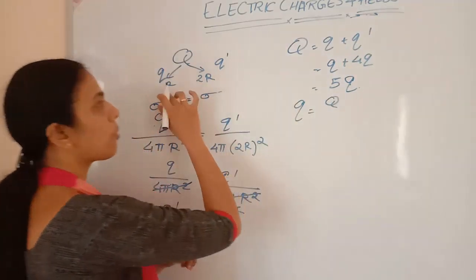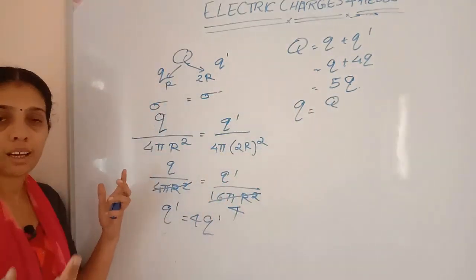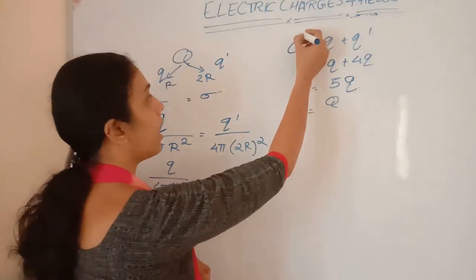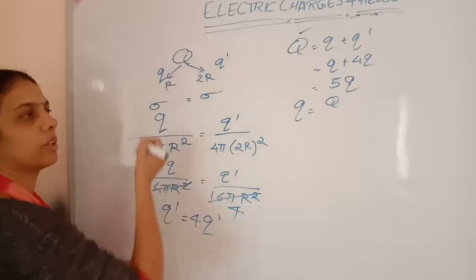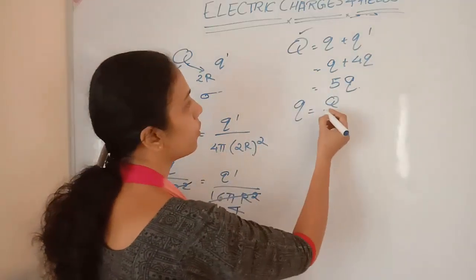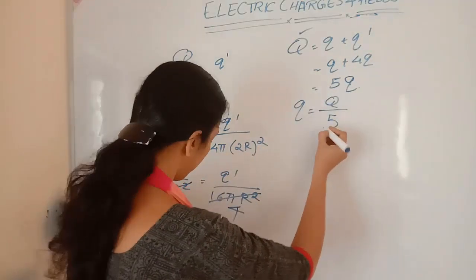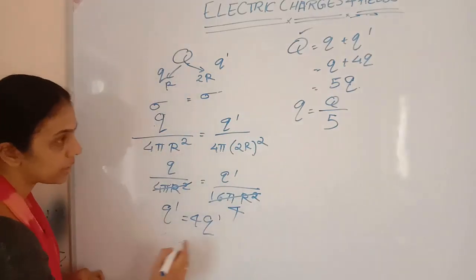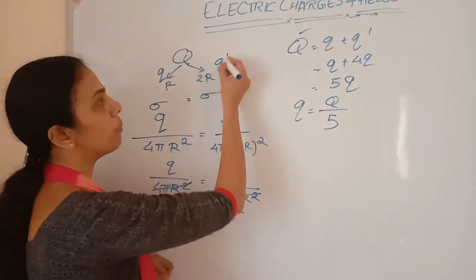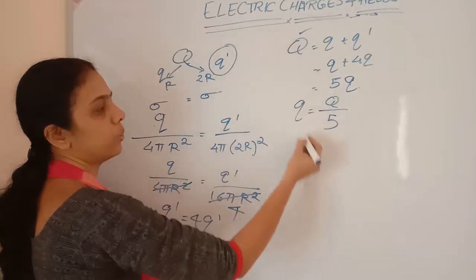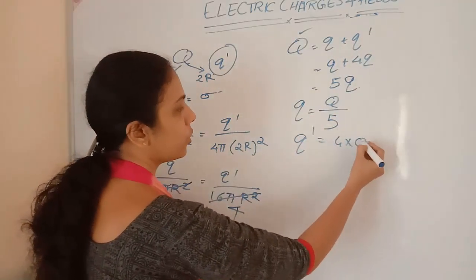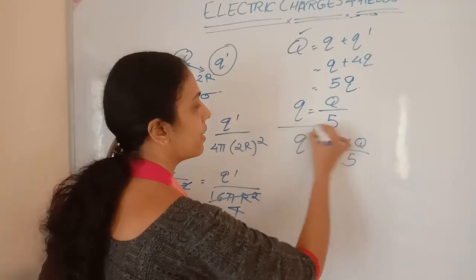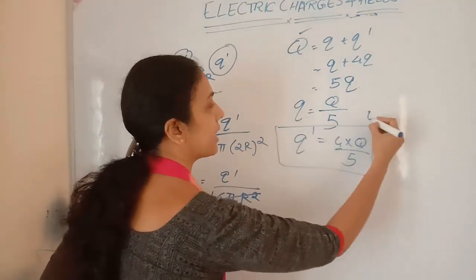About small q, nothing is mentioned in the question, only about Q, r, 2r is mentioned. This and all we had taken for our simplicity. So q we are getting as Q by 5. So q dash, the bigger sphere, equals 4 into Q by 5. This is the correct answer.